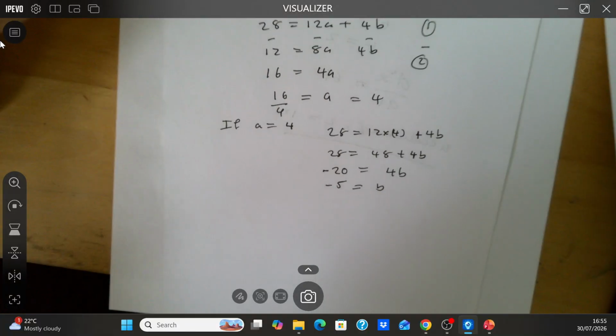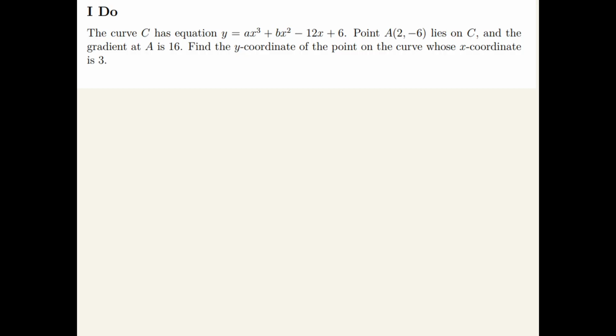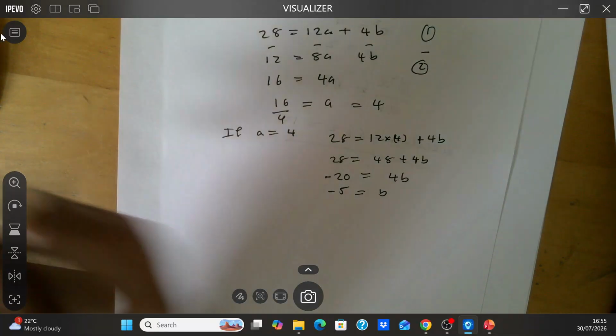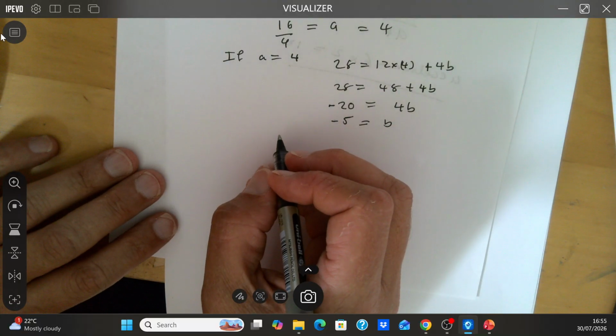Need a bit more space, don't we? Having got that, if we go back to the question, what did it ask us to do? Find the y coordinate of the point whose x coordinate is 3. So we need to now have the equation of our curve, substituting our numbers in.